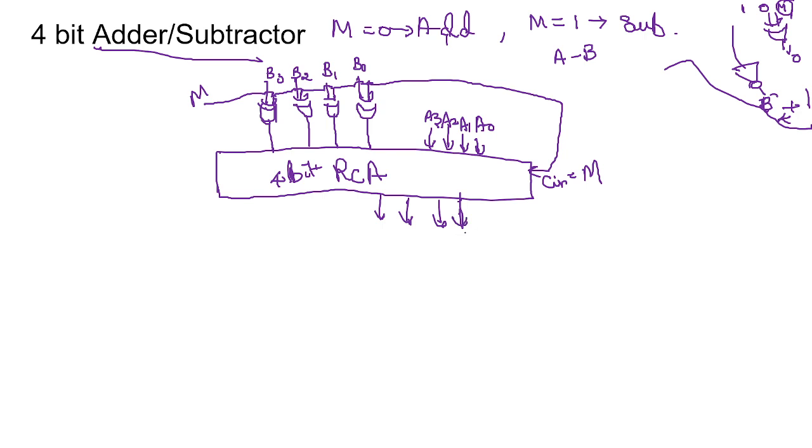So let us take these as intermediate wires Q0, Q1, Q2, Q3, and this one C out. So now if C out is 0, then the number is negative or positive?